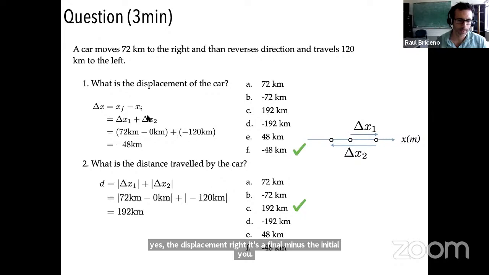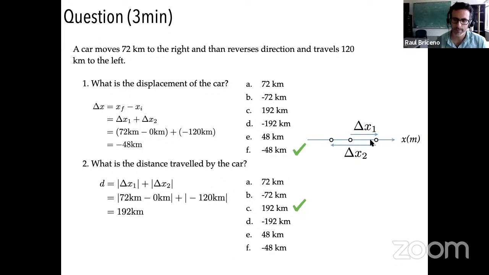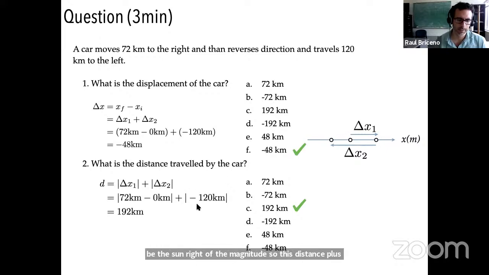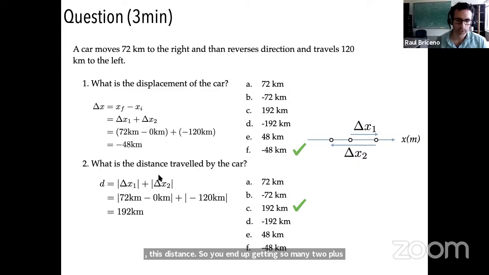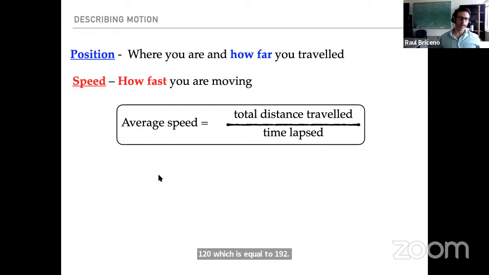You can break this up into two stages, the displacement here followed by the displacement here. And so you end up with -48. The distance would be the sum of the magnitudes, so this distance plus this distance. So you end up getting 72 plus 120, which is equal to 192. Too good. All right, let's jump ahead.